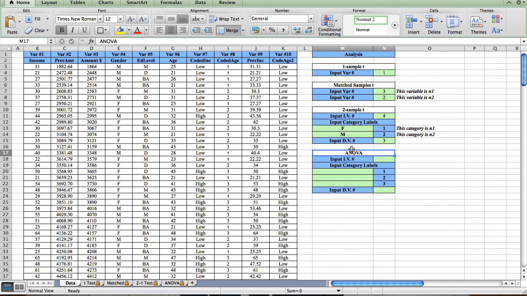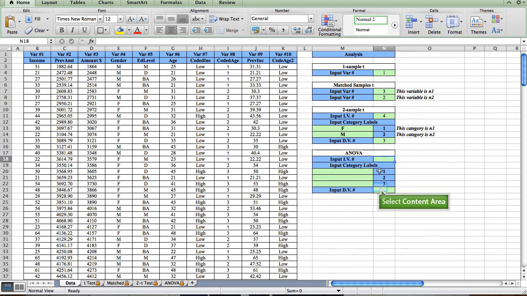Finally, let's look at an example of our one-way ANOVA test. This is going to be a 3-treatment one-way ANOVA, which simply means that instead of comparing 2 means like we did in our 2-sample T, in our ANOVA test we're going to be able to compare and contrast 3 means.